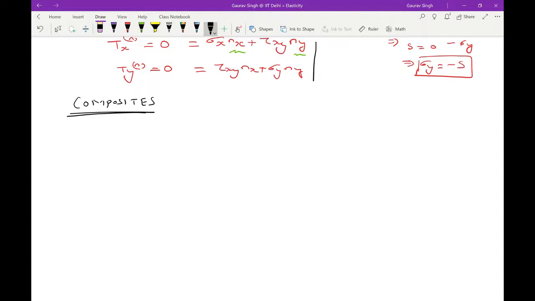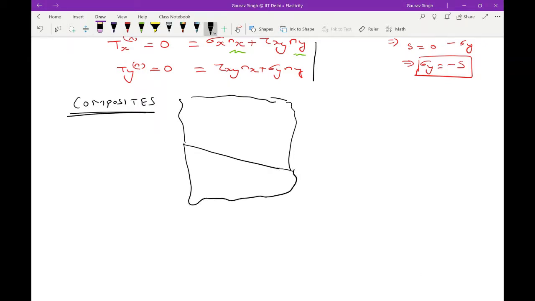Okay, so let's see. If you have, say, a composite like this, which is material 1, sigma ij of 1 and ui of 1.